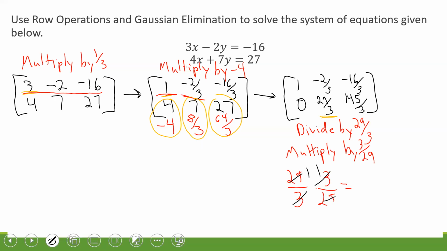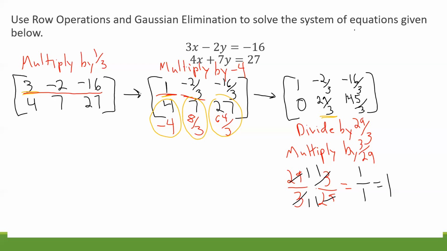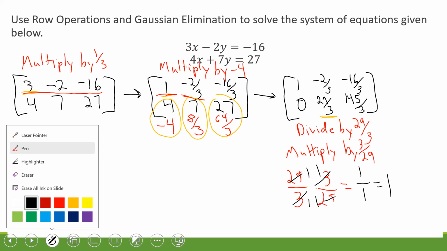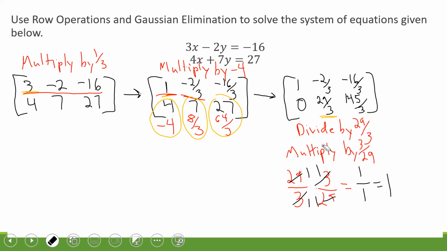We have a bunch of 1s. We multiply, we'd get 1/1, which is just 1. All right, so either way we want to do it, I'm going to go ahead and divide by 29/3.